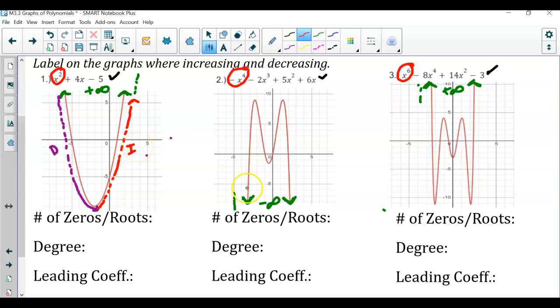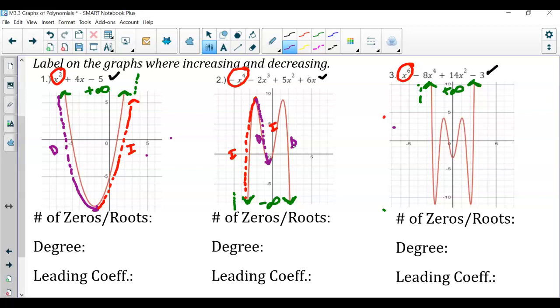Same thing here, read it left to right. What's happening on this section? We are increasing. Then it curves down from that relative maximum and we are now decreasing. Then it goes back up to increasing and then back down to decreasing. Go ahead and try this third one.